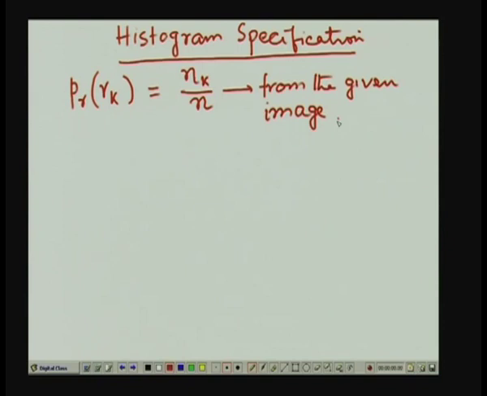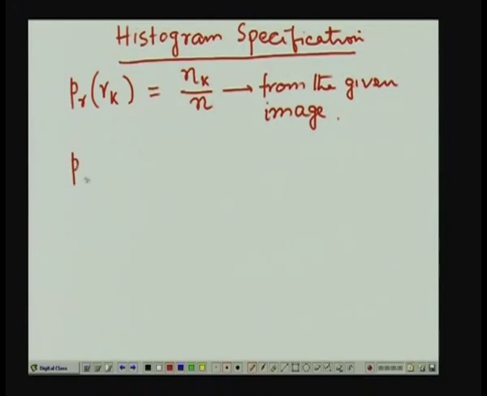And we have a target histogram which is specified, so that our processed image will have a histogram almost close to it, and the target histogram is specified in the form PZ(Zk). So, this is the target histogram which is specified.